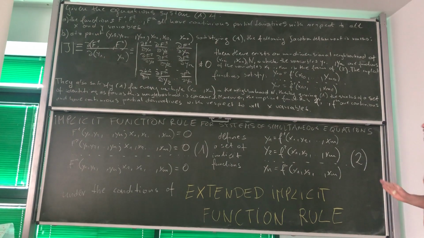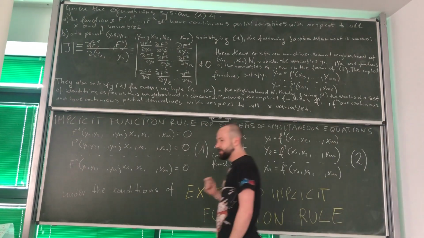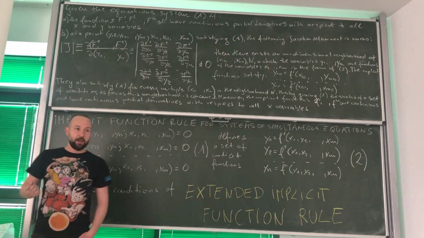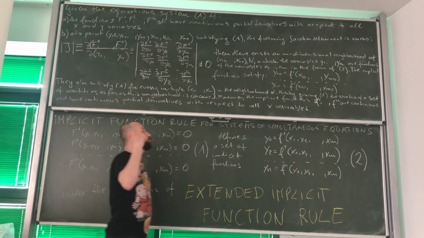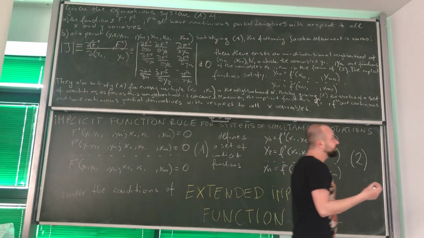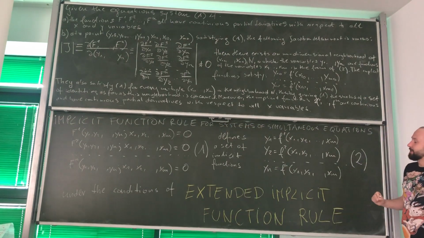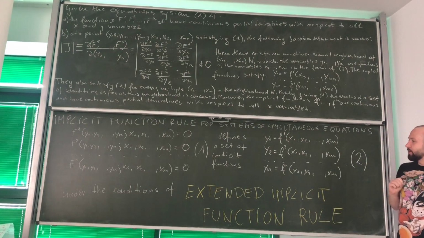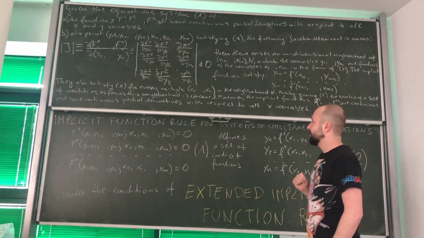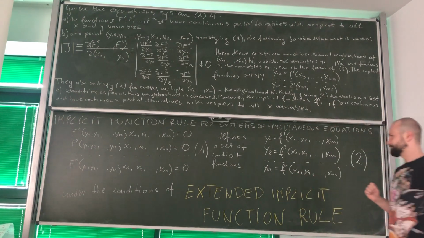Because for now, we were assuming that we were dealing with just one function. However, what we've learned can be easily extended into a case where we have a set of simultaneous equations.